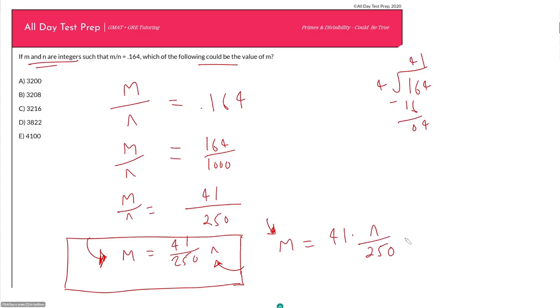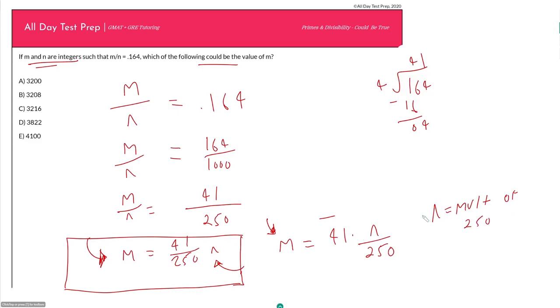The only thing that can do that is our n. So if we want to infer everything this expression is telling us, given that m and n must be integers, well, starting with n has to be a multiple of 250. So they just as easily could have asked you what could be the value of n, and all of your choices would have to be multiples of 250. Or to say, the correct answer choice would have to be a multiple of 250.